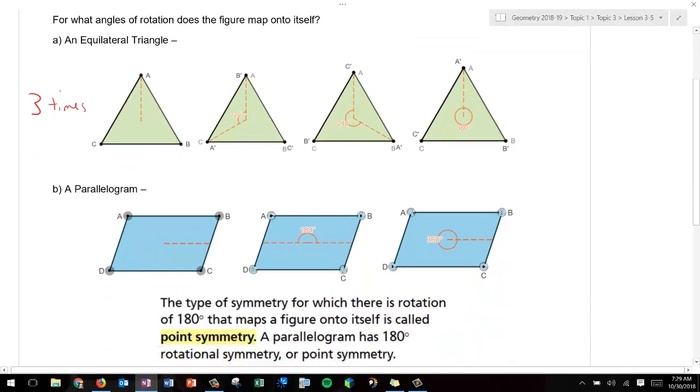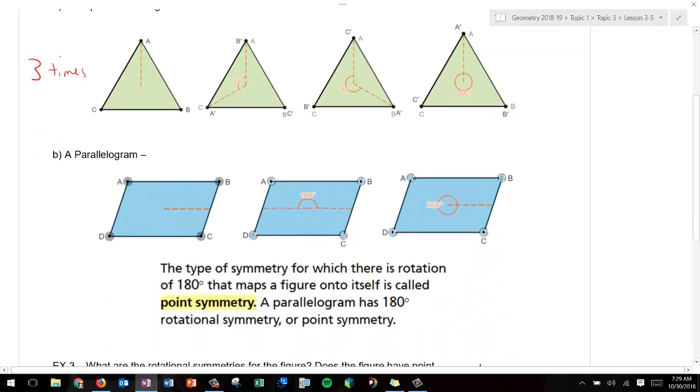With a parallelogram, we can rotate it 180 degrees and then it's going to sit back on itself. If I turned it 90 degrees, the figure would look something like this. So that doesn't work. But if I go a full 180, it sits right back on itself. And they've done a great job in both pictures of labeling this. And then we can turn it back to 360. So it's basically, in 360 degrees, how many times does it repeat itself?